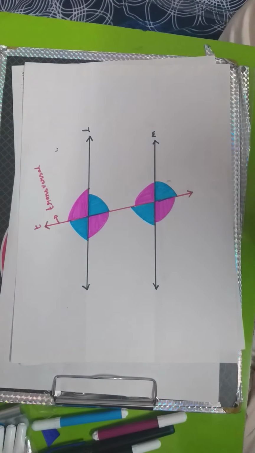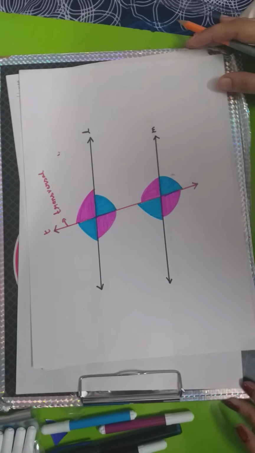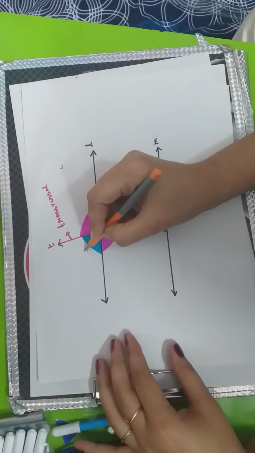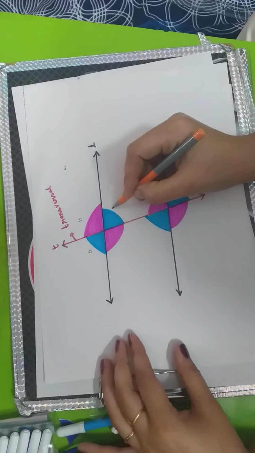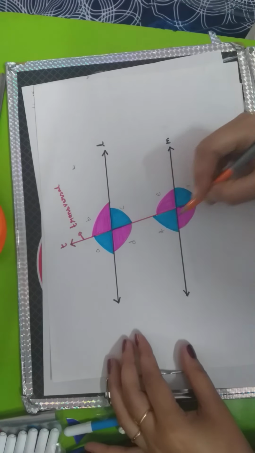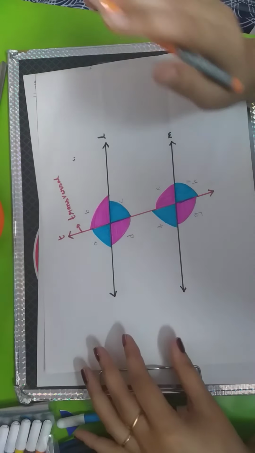Now let me recall their names. I change the names: I don't write angle 1, angle 2, I just write A, B, C, D, E, F, G, H. I can write in any way.